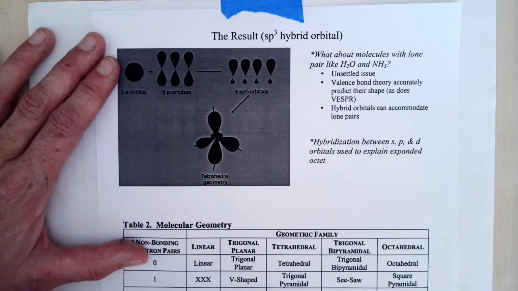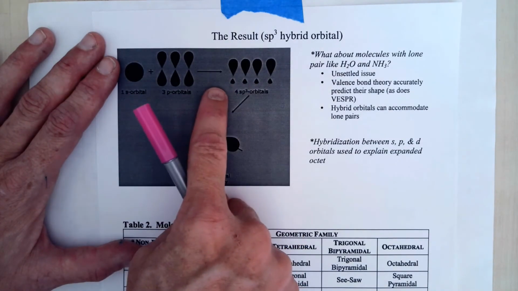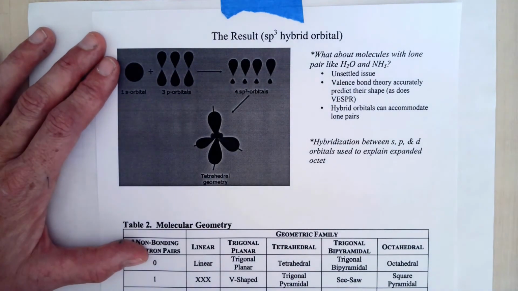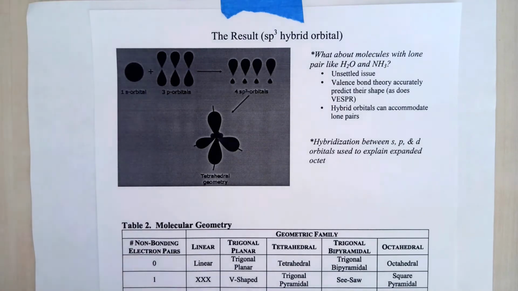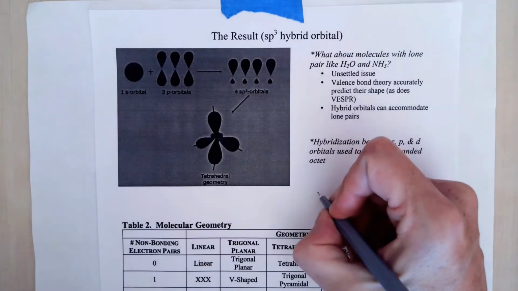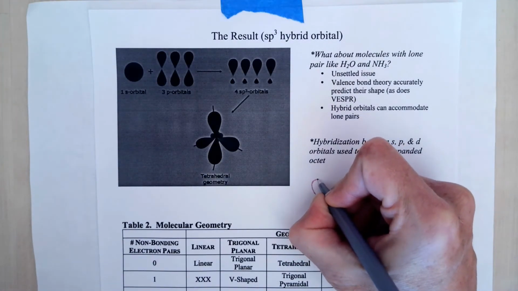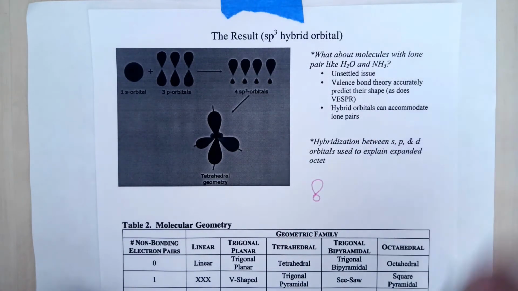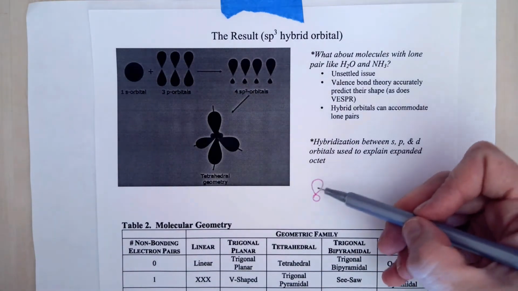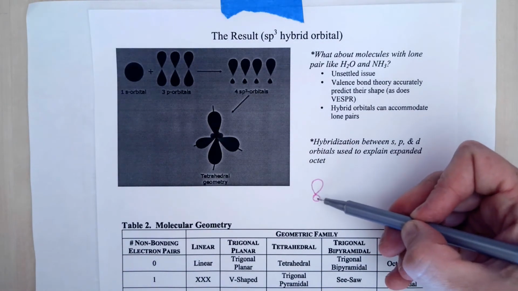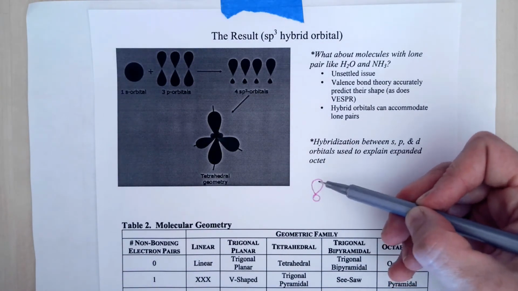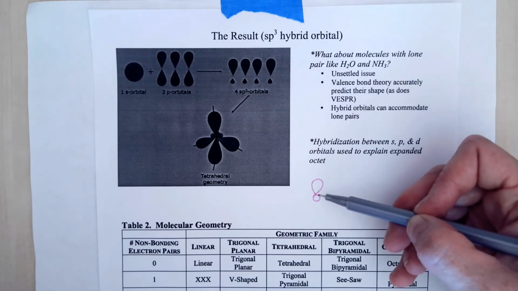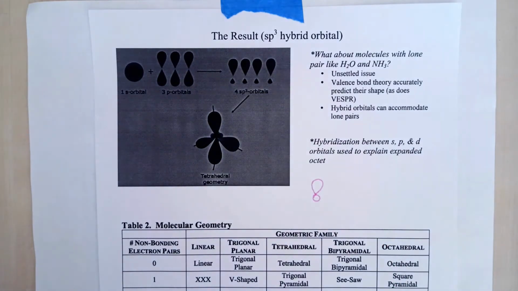So instead of having a dumbbell-shaped orbital, we wind up with one dumbbell-shaped lobe. And then this image, I always imagined it to even be more spherical on the other side. So we retain a little bit of the P and then a little bit of the S. But at the end of the day, it's not an S, it's not a P, it's a little bit of both.